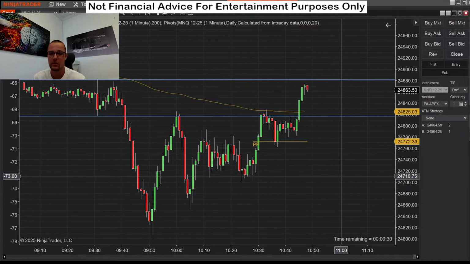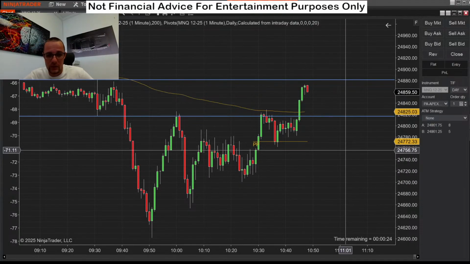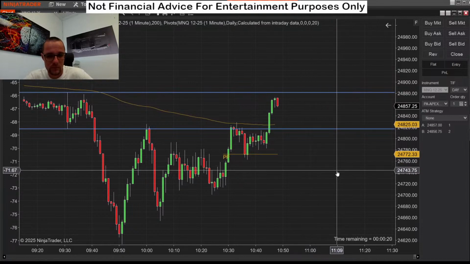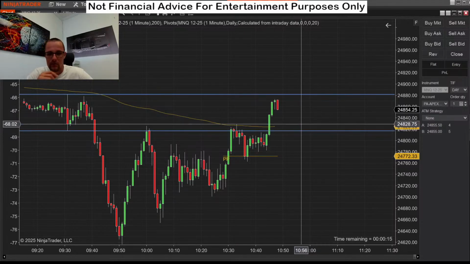All right, now we're getting to an area. We're pushing back into that range. If you're in a long, be a little careful. We kind of pushed into an area now, so we could retrace.